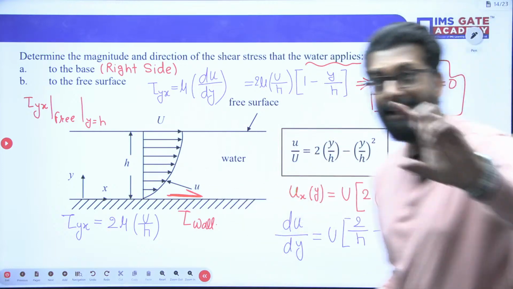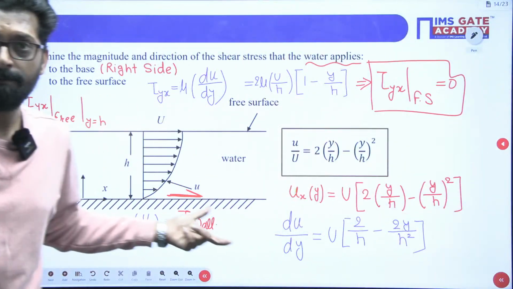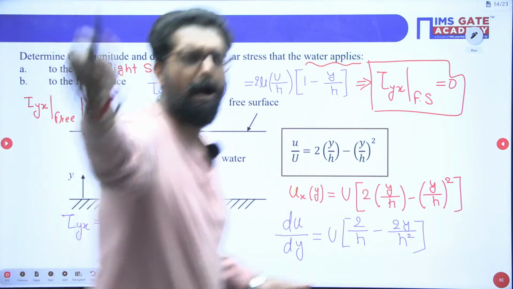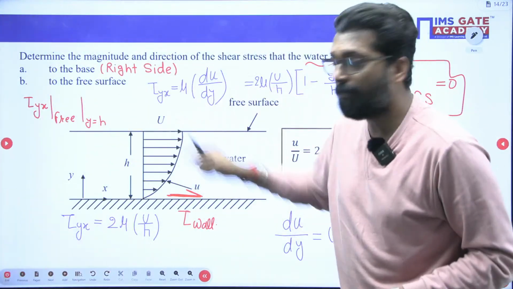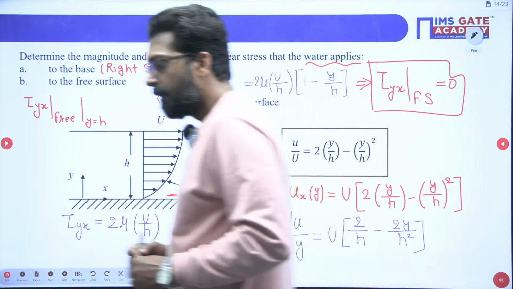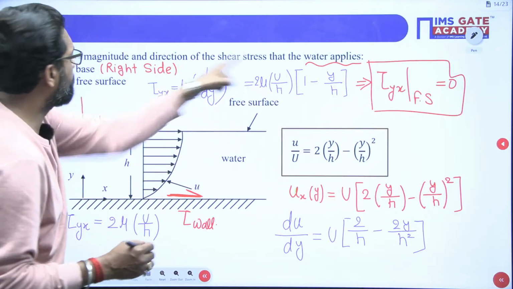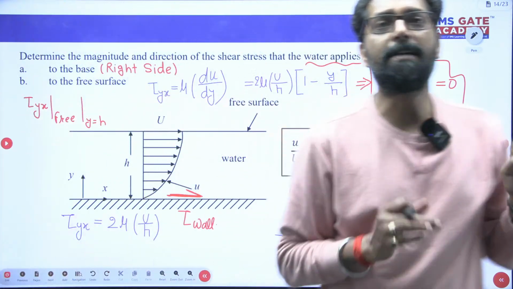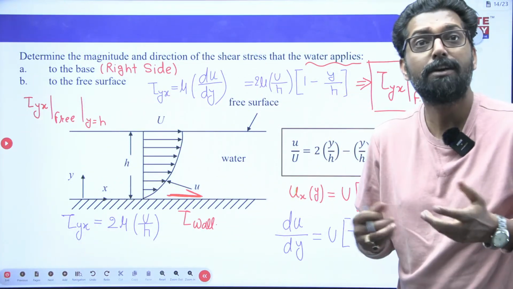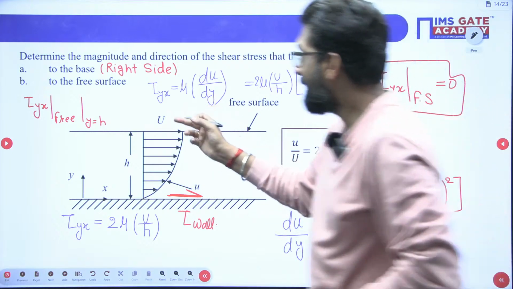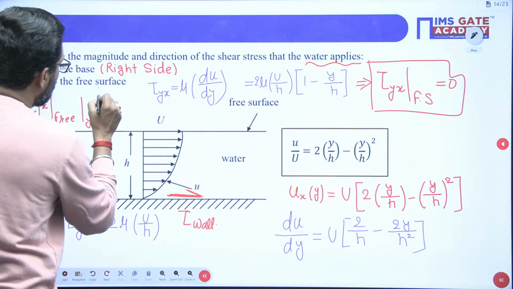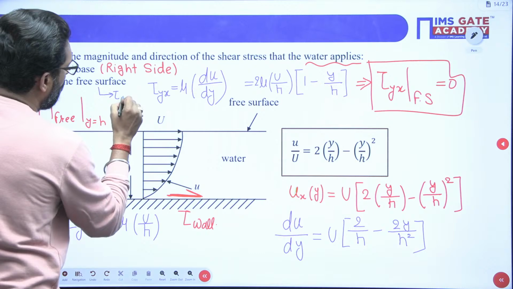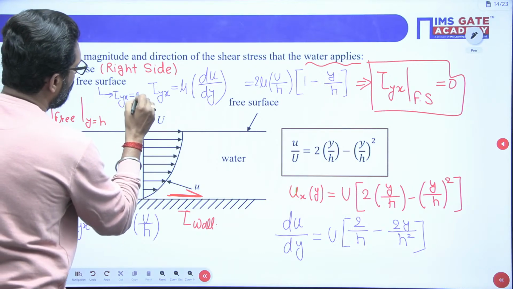Now, what is the direction of the stress on the free surface? Please tell me in the reply comment box. What is the direction of the shear stress at the free surface? Please tell me. We cannot define. Why? Because the shear stress at the free surface, tau yx, is 0.